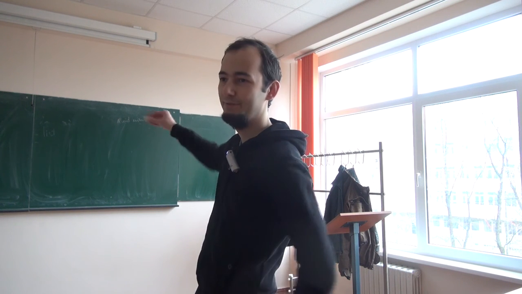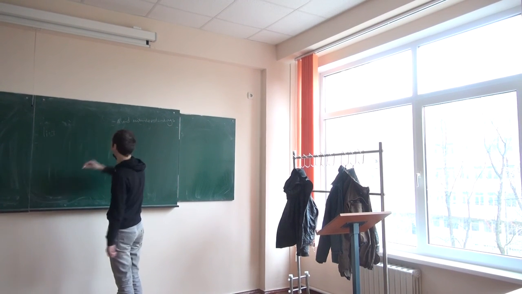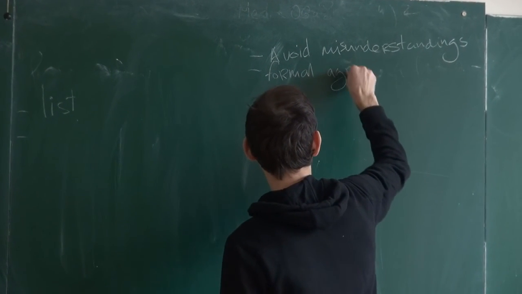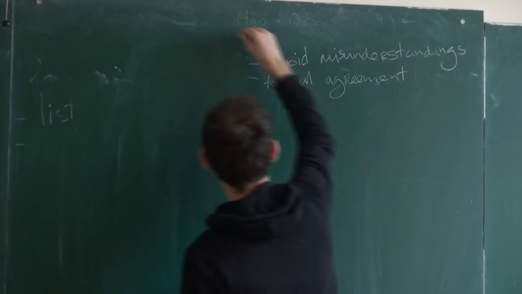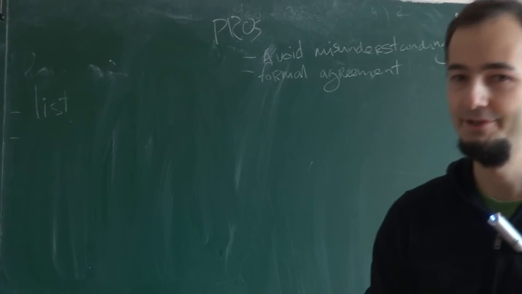Requirements is a list that proves what the client wants, and the client won't change his mind overnight and say, I didn't say this or I didn't say that. It will be something which will prove that he wanted this and he paid for this and he will obtain this. So how can I sum it up as 1 or 2 keywords? Formal agreement. Yes. So we're now making a list of pros of why we should write requirements.